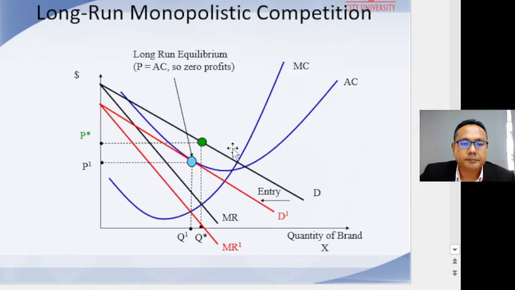Okay, this is the graph showing us the long run monopolistic competition. You have to focus on the long run equilibrium here.